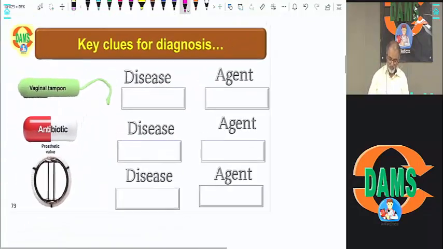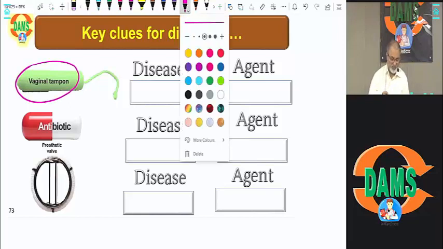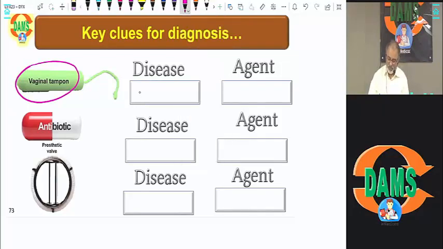Next, listen. Key clues for diagnosis. Vaginal tampon: what disease? Toxic shock syndrome. Agent? Staph aureus.